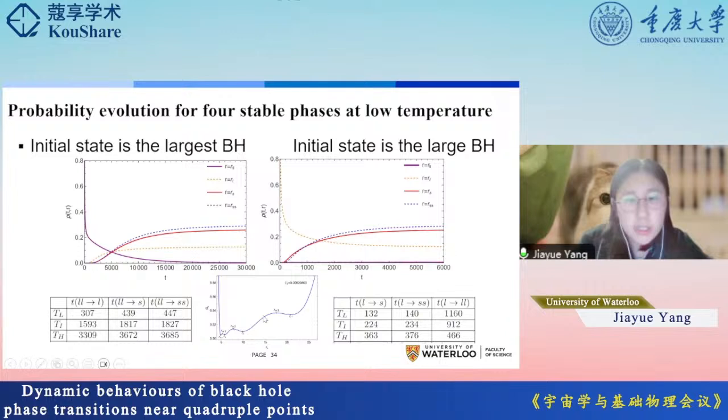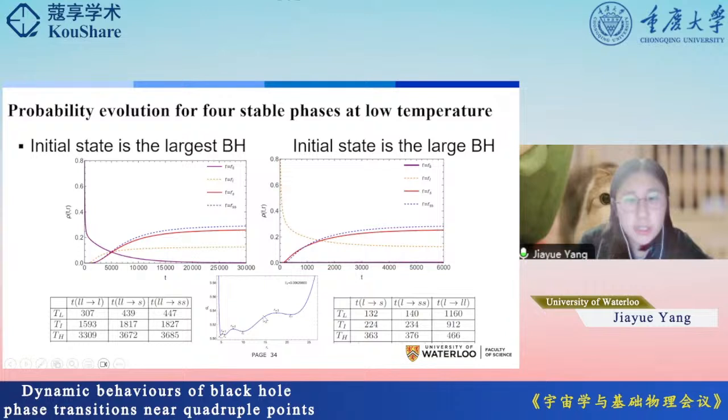It is the same case here, and after that they will reach a stationary state, which is just determined by the structure of the energy here.